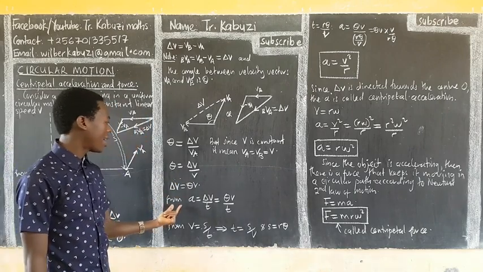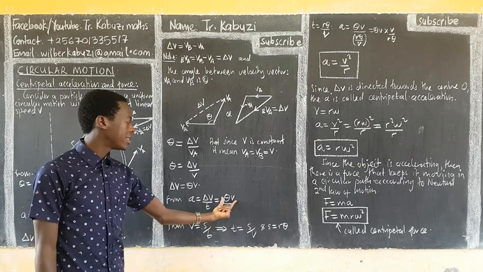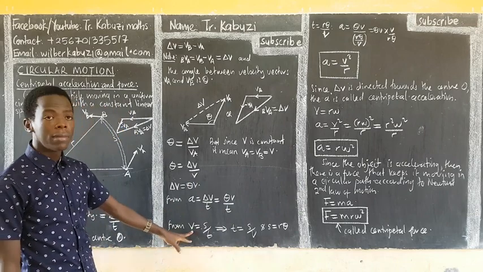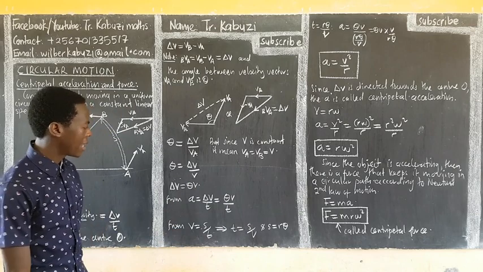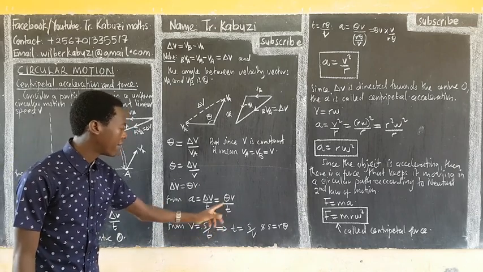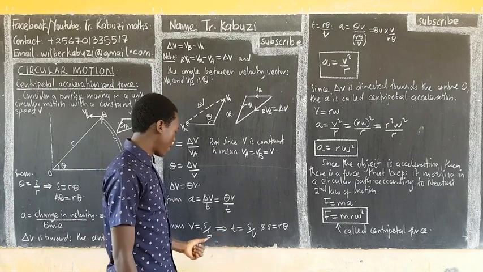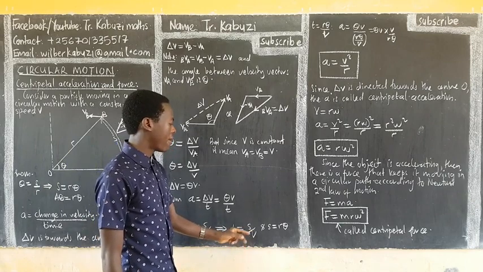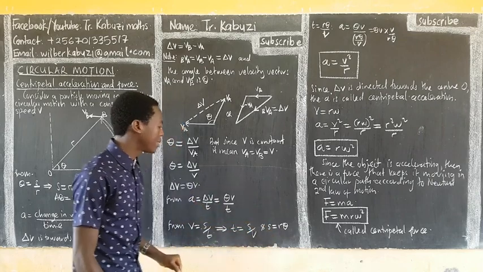Now, from here, you know that our acceleration is given by the change in velocity over t. But now, I know our velocity is always given by displacement over time. I want to remove that time. So my time is now, if I cross multiply and interchange, this is what I have. But now I know that always displacement is equal to the radius times theta.